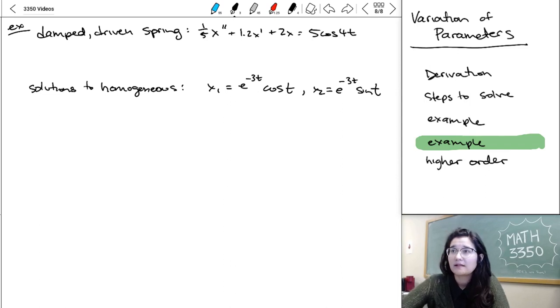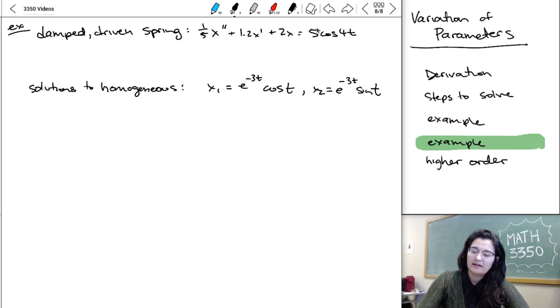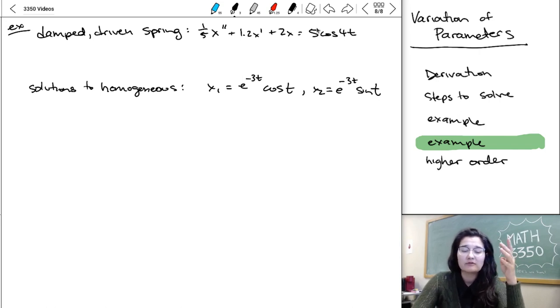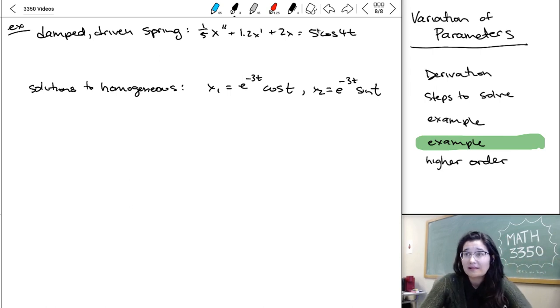All right, our second example that we're going to be thinking about here is a damped-driven spring, where our differential equation is given right here by 1/5 x double prime plus 1.2 x prime plus 2x. And for the springs, remember our dependent variable is x and our independent variable is t.